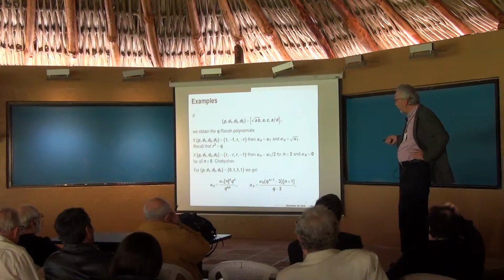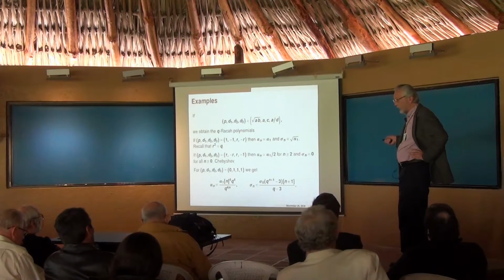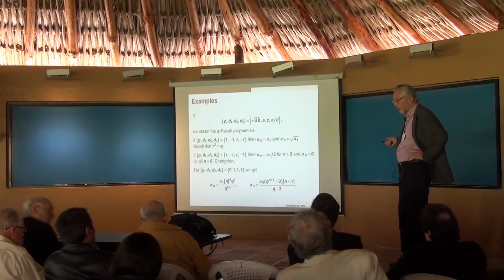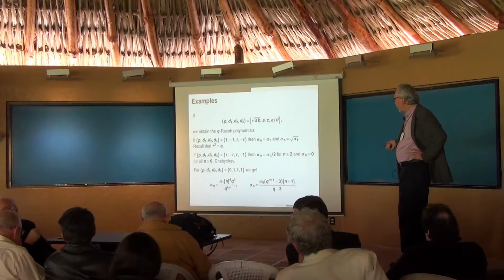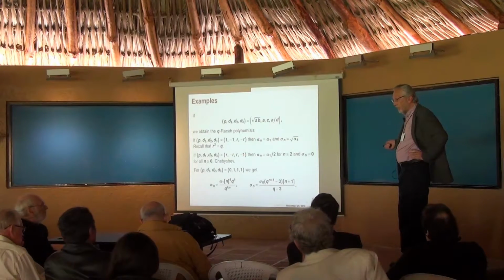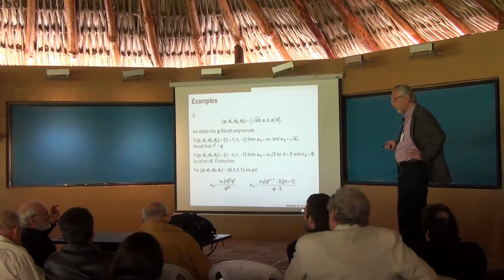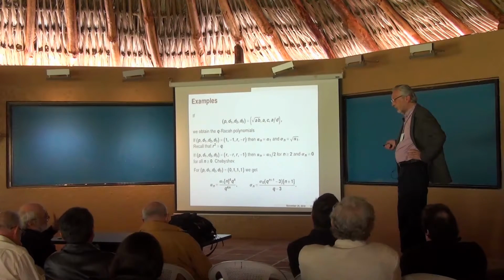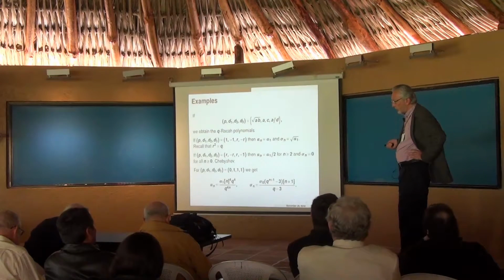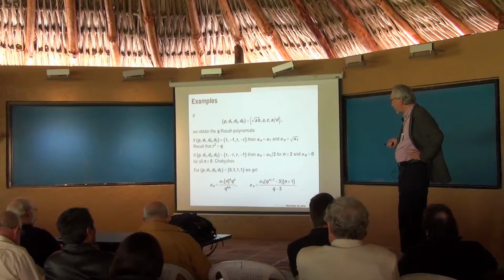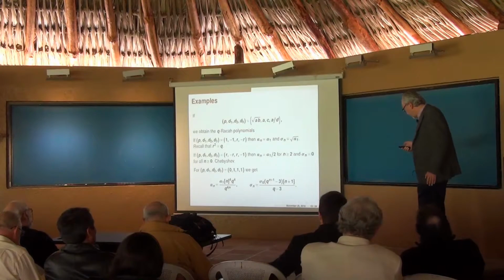So I can get them by just giving values to the parameters. You have degree 0 over degree 0. Yes. You are not mentioning q-Chebyshev polynomials, because there are some q-extensions of Chebyshev. No, those are the usual Chebyshev. Yeah, the classical Chebyshev polynomials are included here. So I get them just by giving values to the parameters.